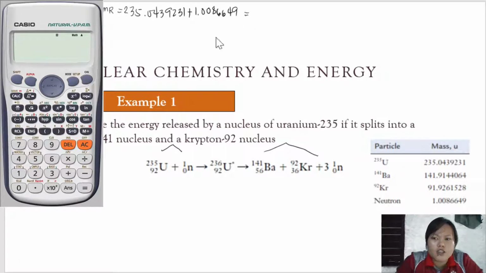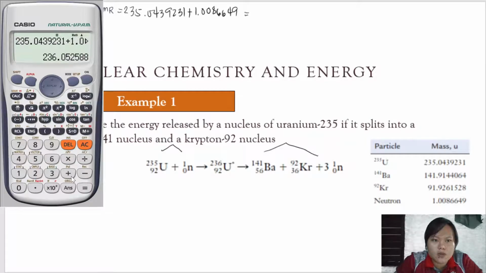So let's try to solve it using our calculator. That would be 235.0439231 plus 1.008664.